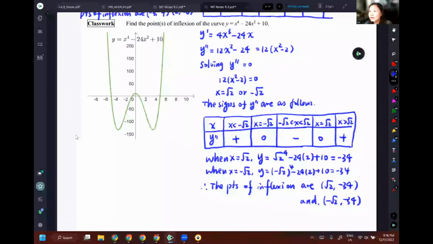Also, I must mention that when you solve the second derivative equals 0, you should always consider if it can be undefined in some way, because those points are also possible. Anyway, that's it. On the graph, okay.